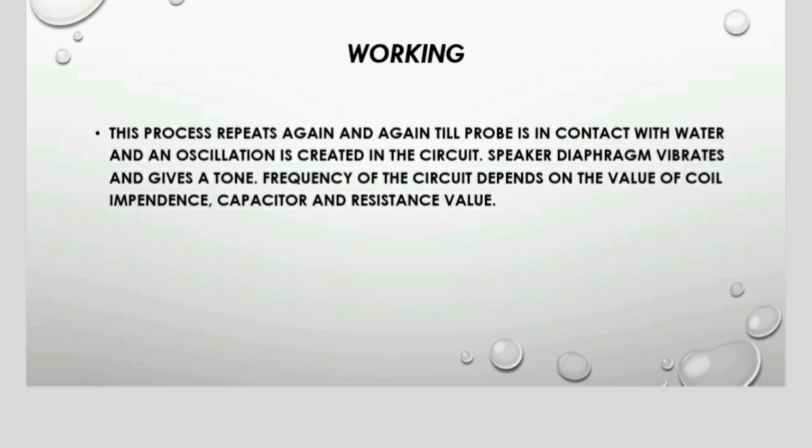This process repeats again and again while the probe is in contact with water, and an oscillation is created in this circuit. The speaker diaphragm vibrates and gives a tone. The frequency of the circuit depends on the value of the coil impedance, capacitor and resistance.